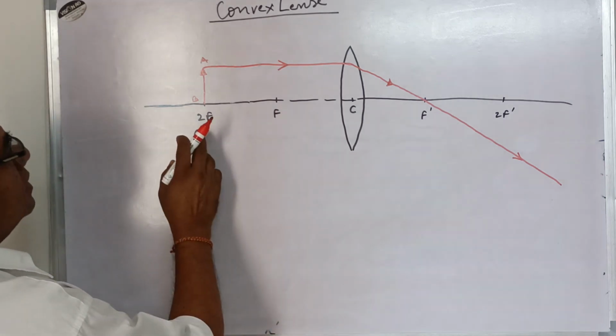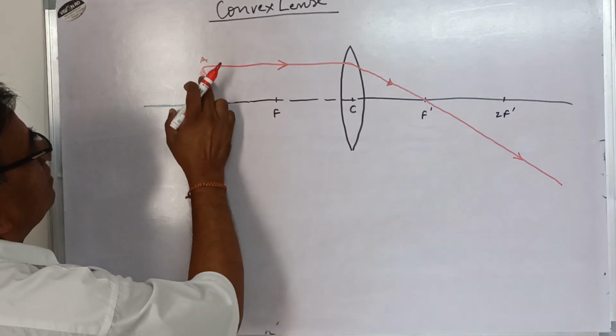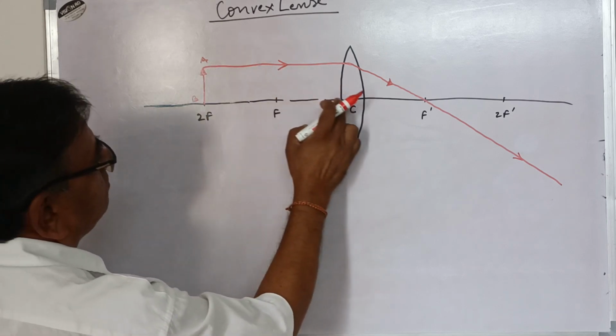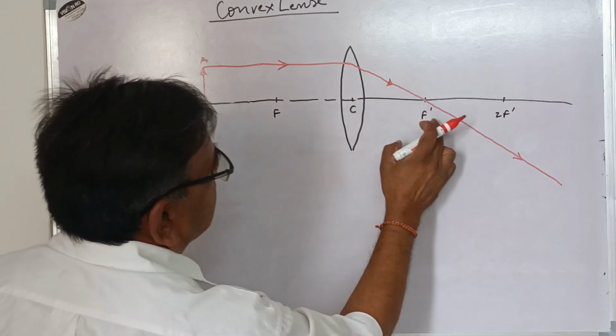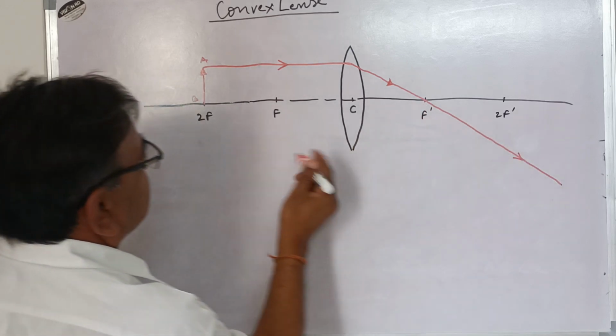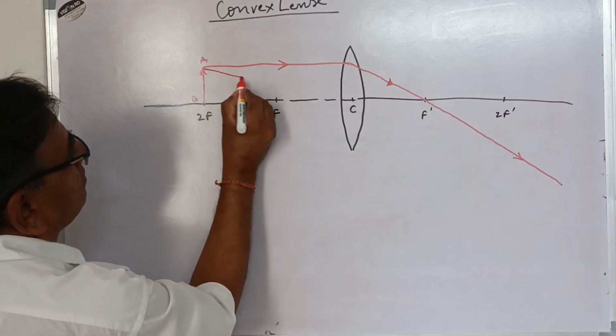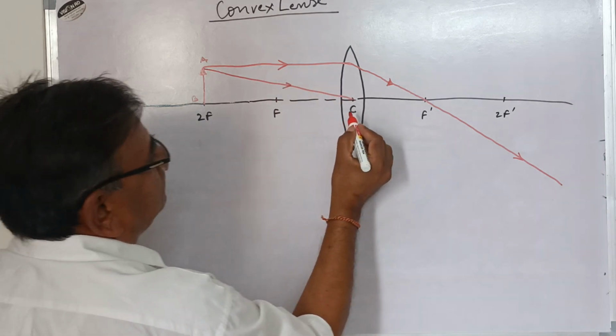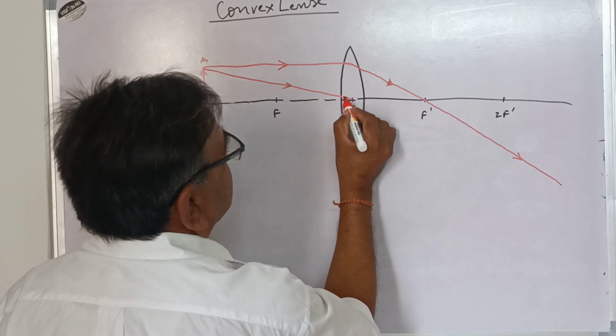Now take another ray. If you take this ray, which passes from the optical center C, then it goes undeviated. Take this one. When it passes from the C, it goes undeviated.